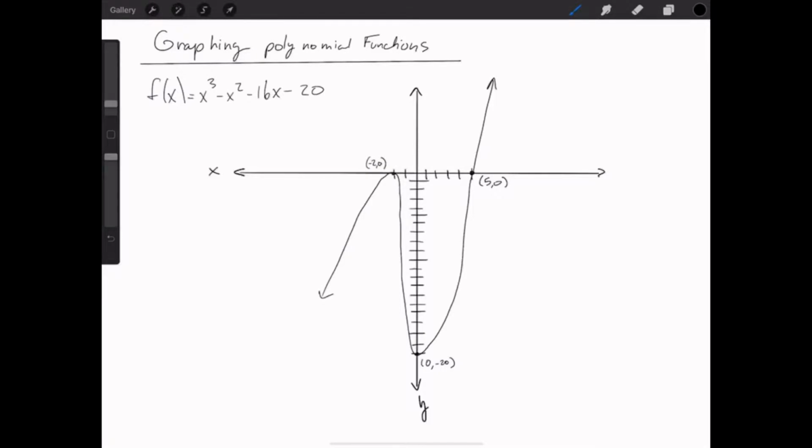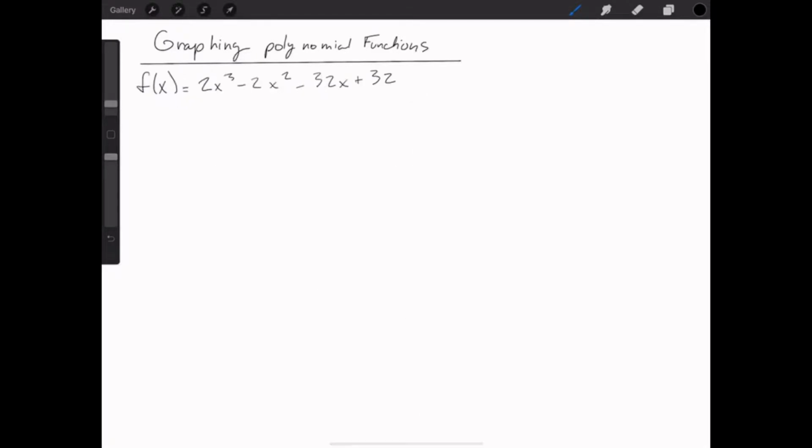There you go. So here I have a somewhat more difficult equation that we can solve, just because it has larger terms at the end, 32, and it also doesn't automatically tell us what the x-intercepts will be because it's in standard form. So first let's start with solving the y-intercept.